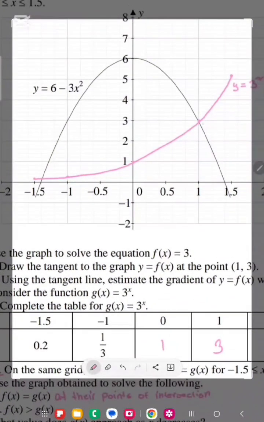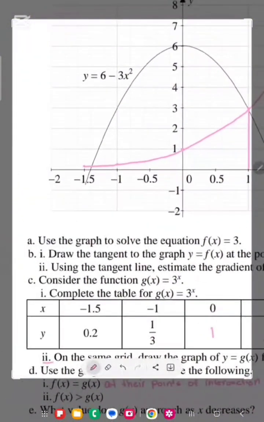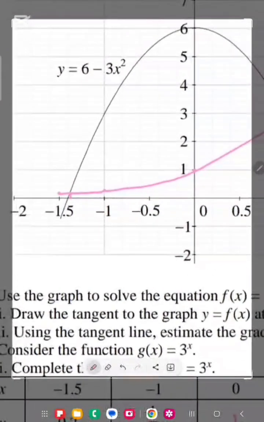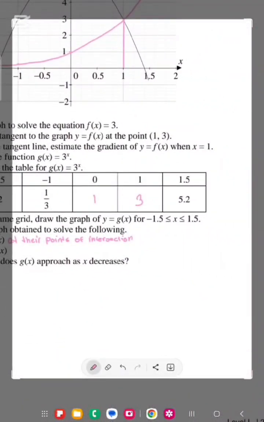So when do they intersect? They intersect at 1. Obviously look at the x-axis, don't look at the y-axis. And they intersect here, which is a bit before negative 1.5. So say it's negative 1.4. So when x is equal to negative 1.4 and when x is equal to 1.